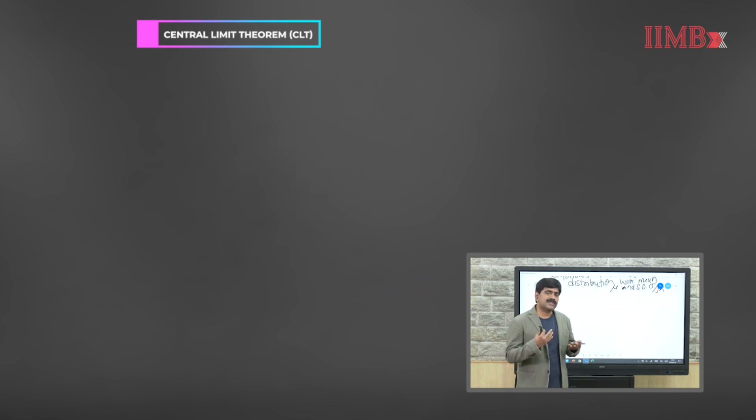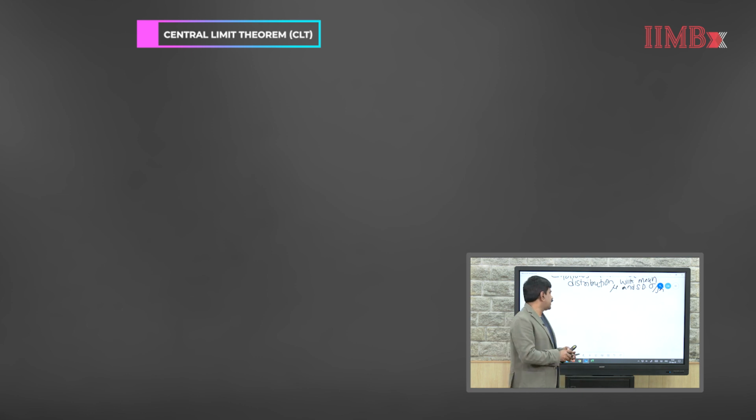Now let us look at some of the properties of central limit theorem. We know that the sampling distribution of mean follows a normal distribution with mean same as the population mean mu and standard deviation sigma under root n.